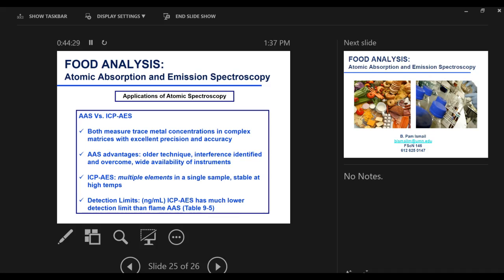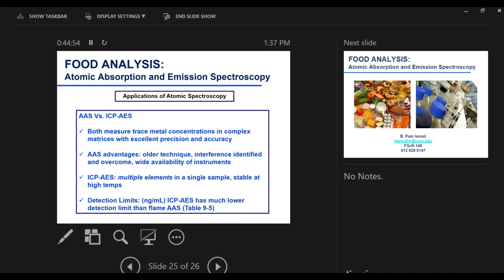One advantage of atomic absorption spectroscopy over ICP is that it's an older technique, so all of the troubleshooting has been figured out. And you have wide availability of the instrument. It's cheaper than the ICP.